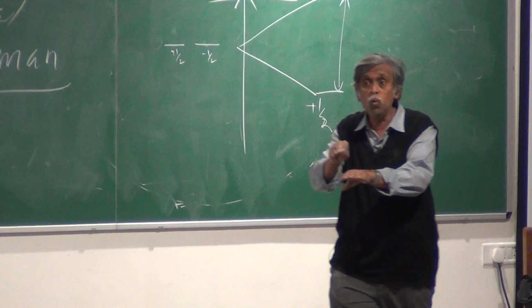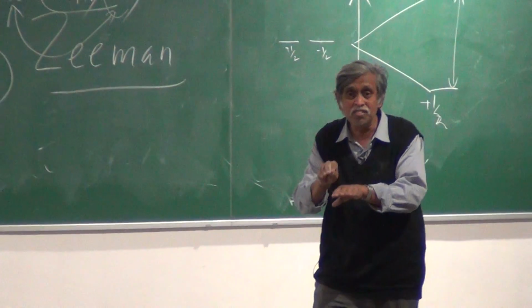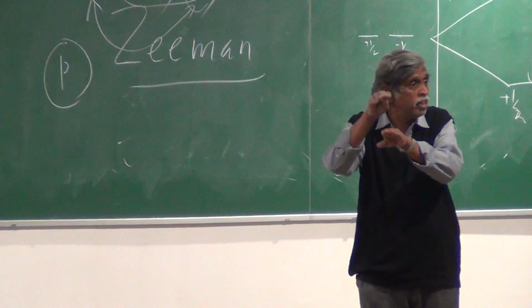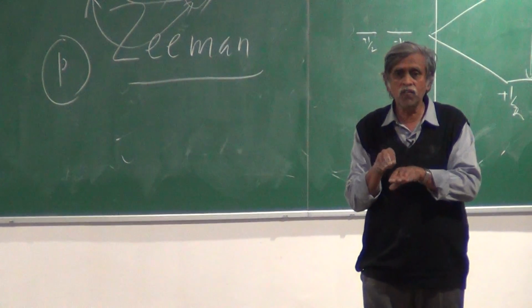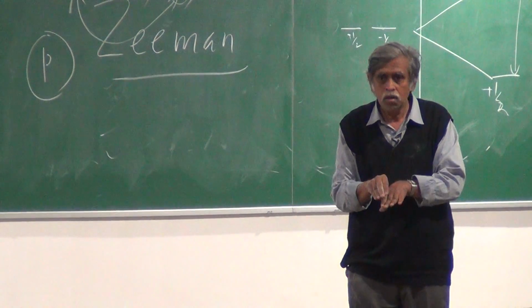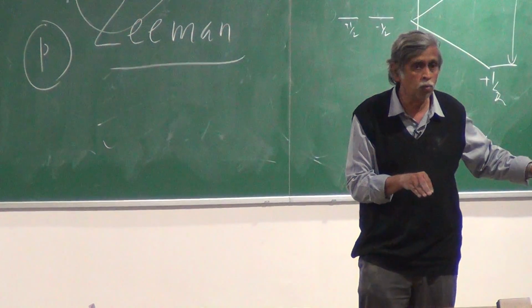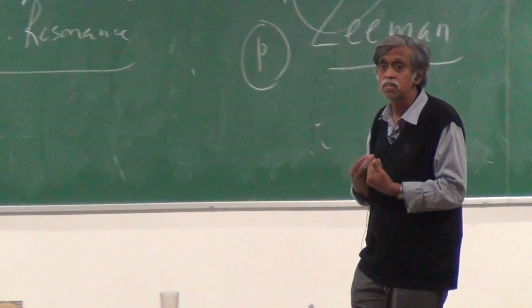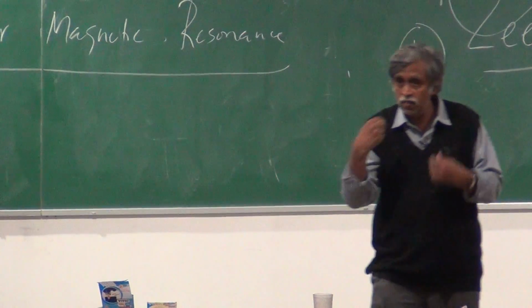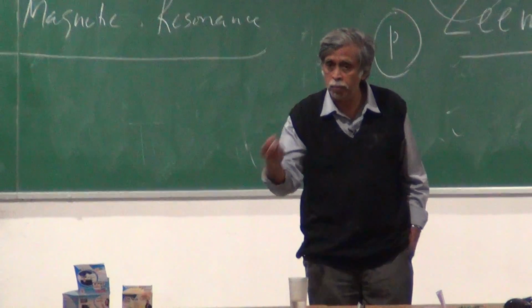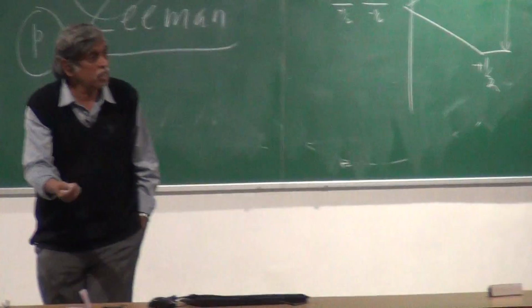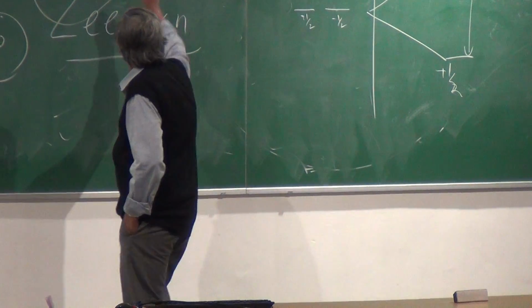And now if I ask you what is the population difference or what is the differential between these two states, what's the first thing you will ask me? Tell me the energy difference. I'm assuming the temperature is 300 K, which is room temperature. The first thing you will ask me is, tell me the energy difference, and I will tell you what the population differential is going to be. But then to know energy difference, what should you know?